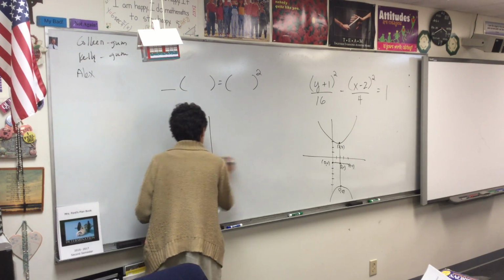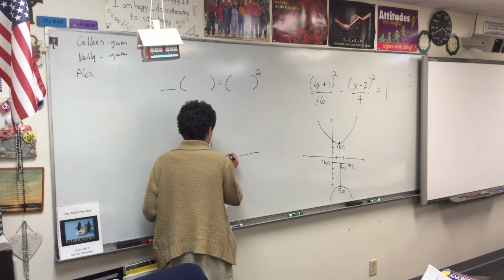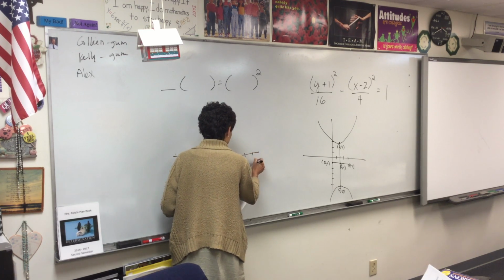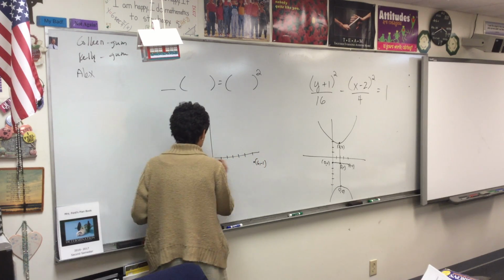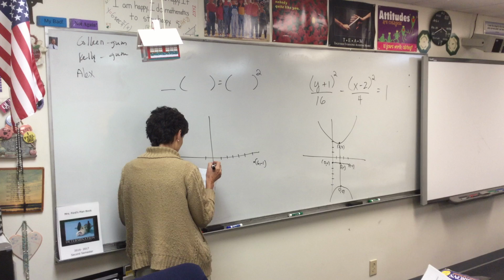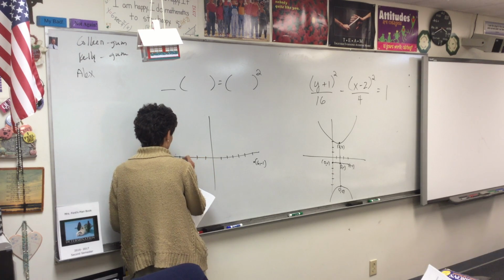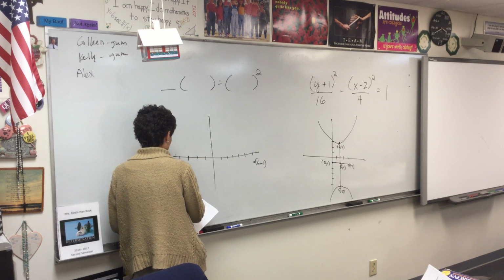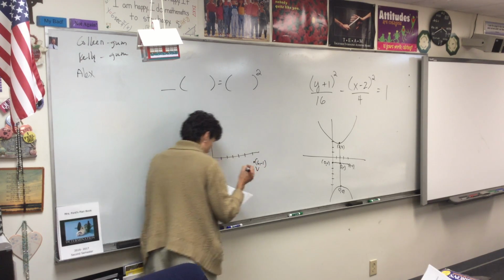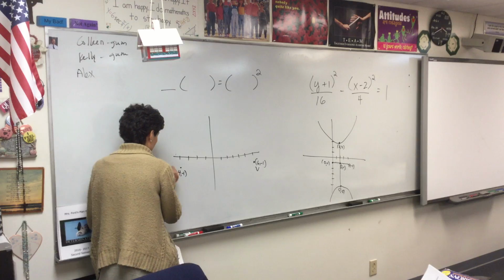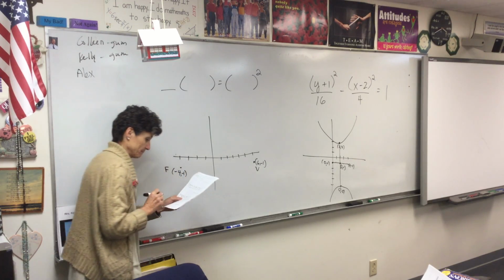What do we know? We have a vertex at 6, -1, and we have a focus at -4, -1. Okay, so this is my vertex, and this is my focus.